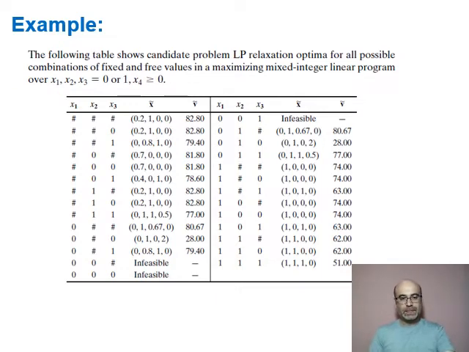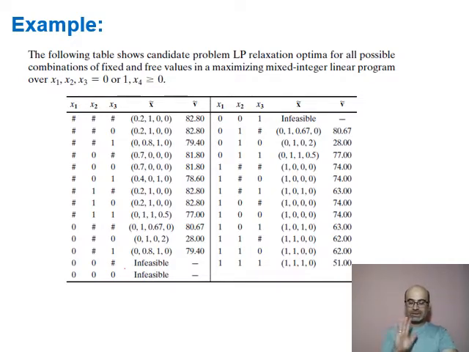Let's have a look at what else we have here. x1, x2, and x3 are all free in this first row. It means that the first row is the LP relaxation of the original model. All decision variables are free, none of them are fixed, and this is the LP relaxation, which means that in our branch and bound algorithm, this is the root node, right?